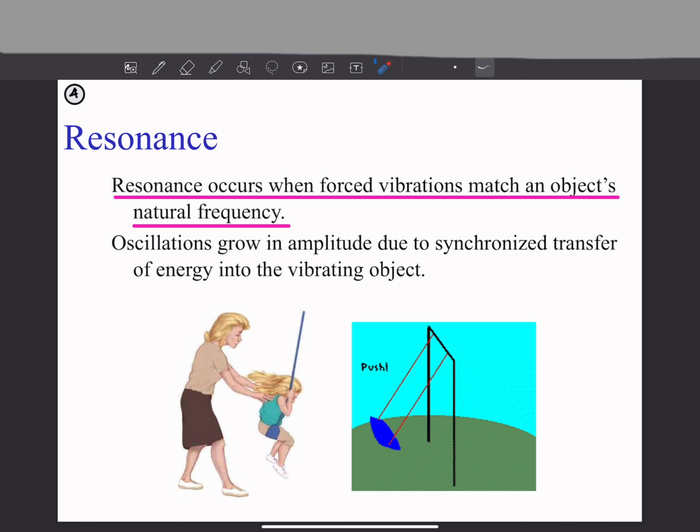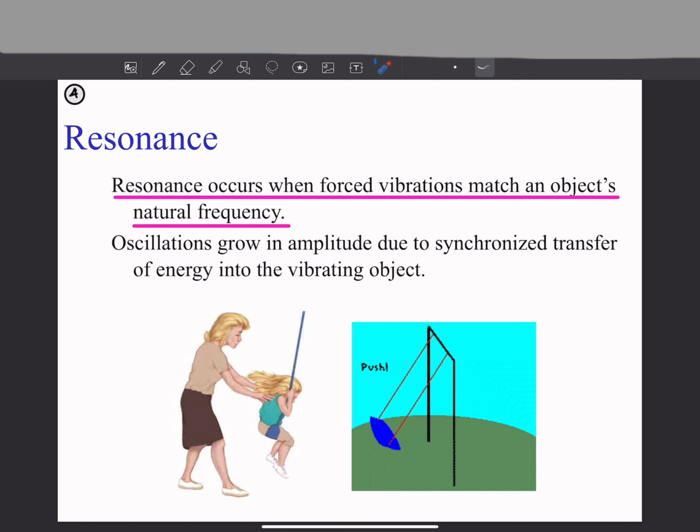That is, you have suppose the driving frequency as Fd, and you have a natural frequency F naught. When F naught will be equal to Fd, you will see that the body is moving with the greatest amplitude, and you can say that the resonance has occurred, or the body is in the phenomenon of resonance, or is resonating.